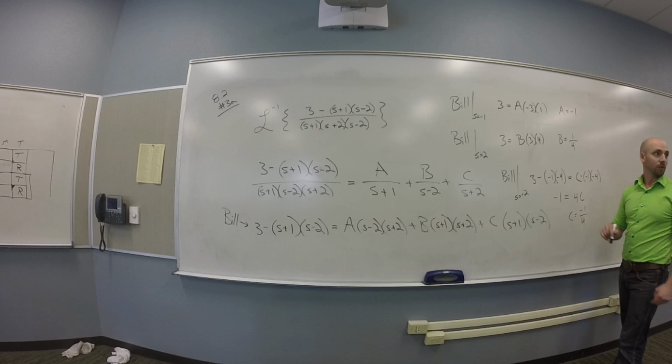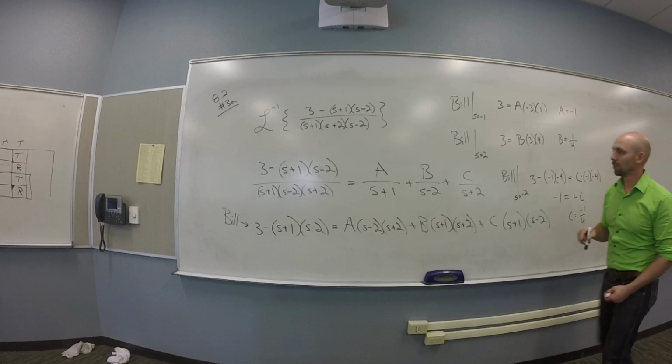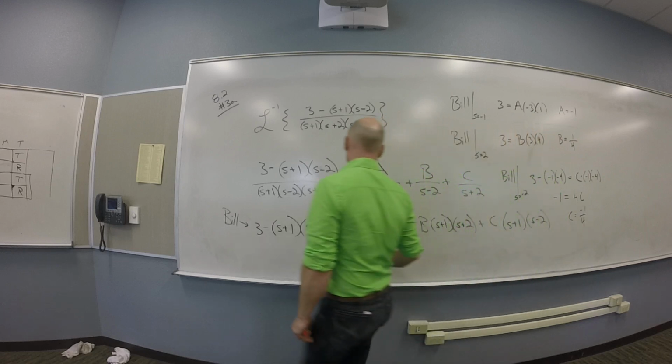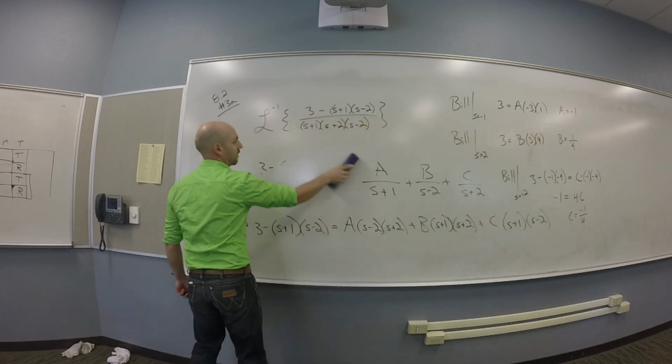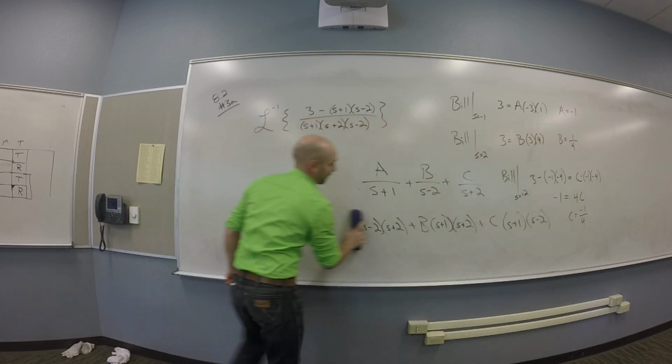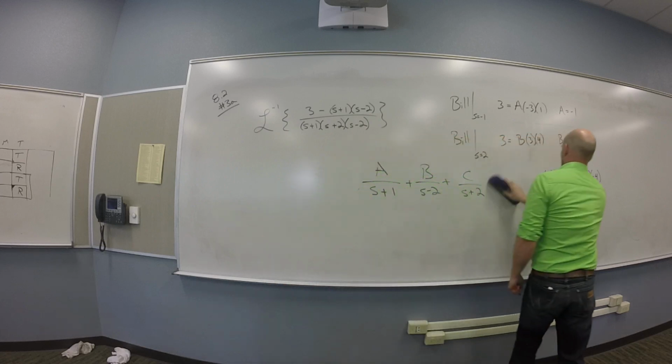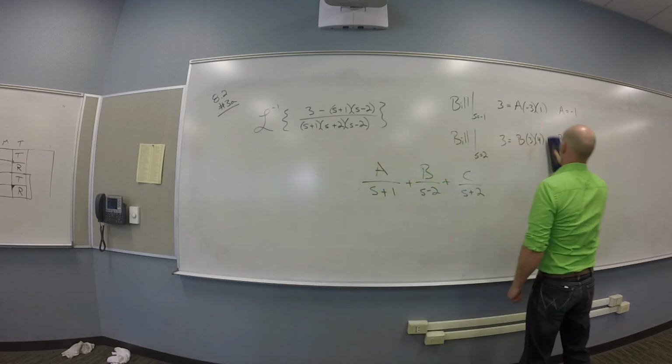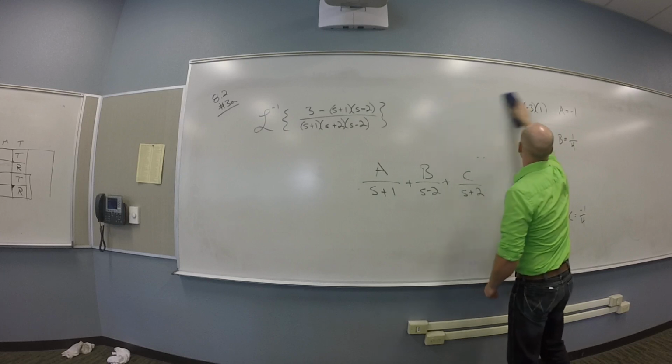So it seems like C is -1/4. Cool. So you take all 3 of those, boom, boom, boom, and walk back over here, dumping everything except my coefficients.